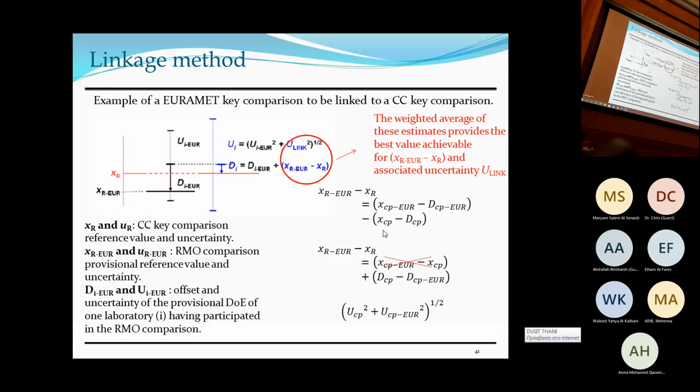These numbers here are done for the linking labs. So this is true for all of the linking labs. That's why BIPM says that there should be at least 2 linking labs. The more, the better, because then this correction that is applied to shift the degrees of equivalence from here to there is averaged from all of the double participating labs.